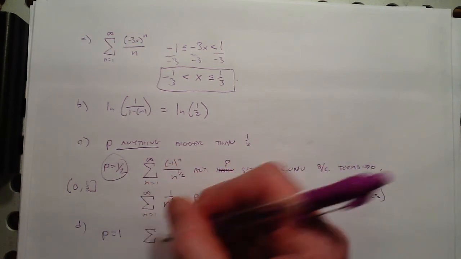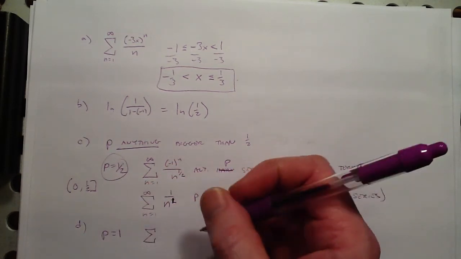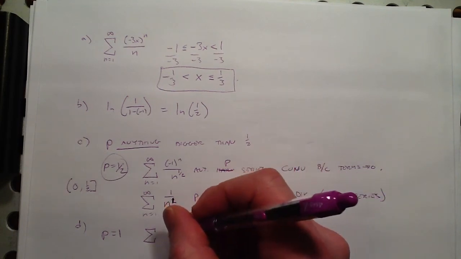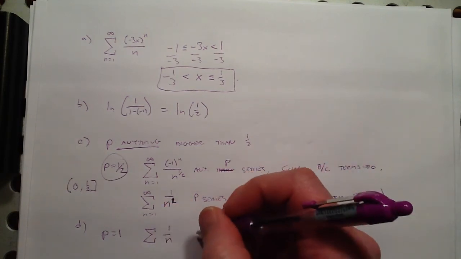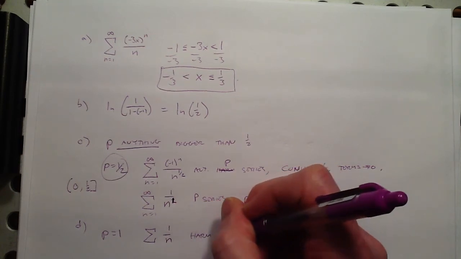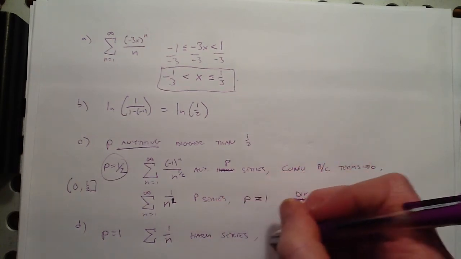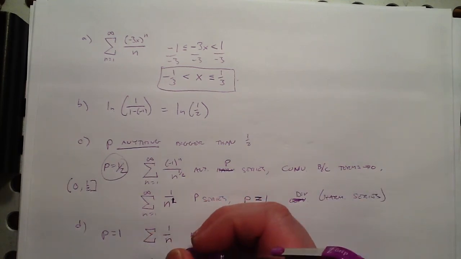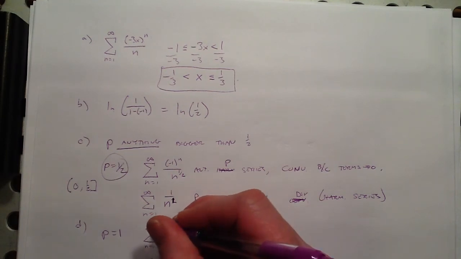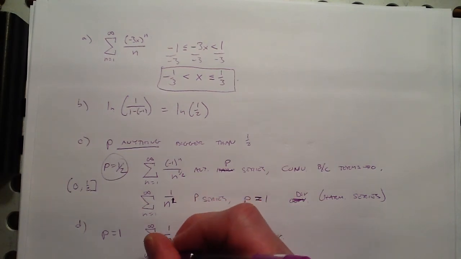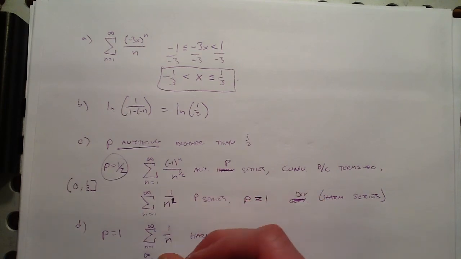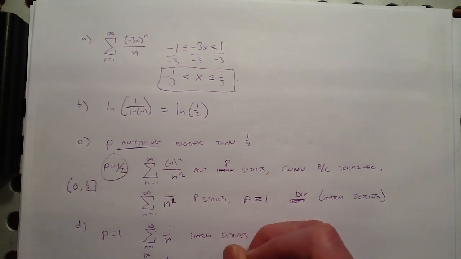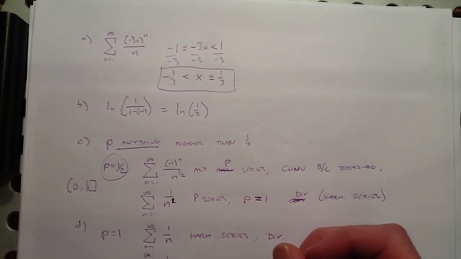If you pick p equals 1, then the first series would be 1 over n to the p, so that would be 1 over n, which is the harmonic series, which diverges. And the second one would be, sorry, I'm getting lazy here, leaving out the details. Not that it matters where you start, but this one would be 1 over n squared, which is a p series where p is greater than 1, and that converges.